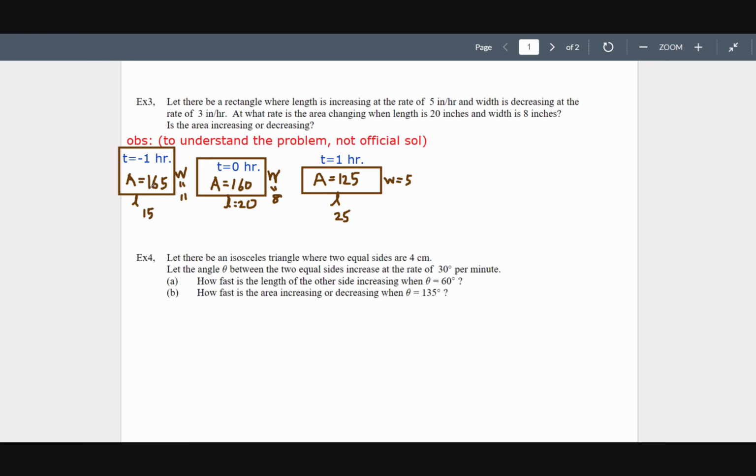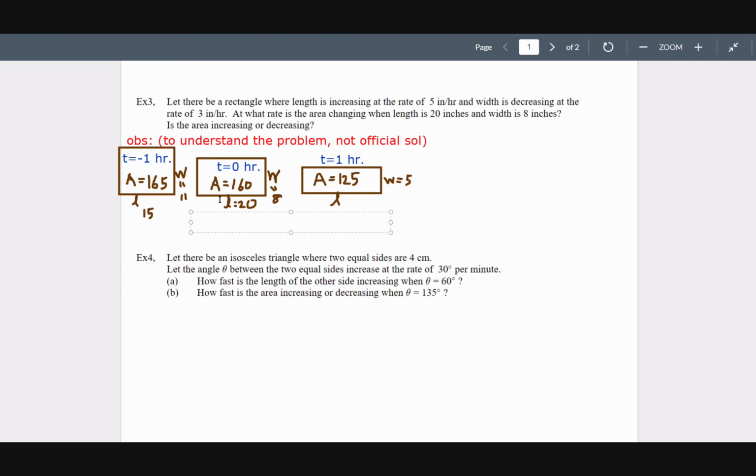Maybe it goes from 165 down to, let's say, 150, and then from 150 it came up to 160. So at that instant, it may be increasing or decreasing. It is not conclusive that at t equals 0 it is decreasing, although from t equals -1 to t equals 0 it looks like it is decreasing, and from t equals 0 to t equals 1 it looks like it is decreasing again.